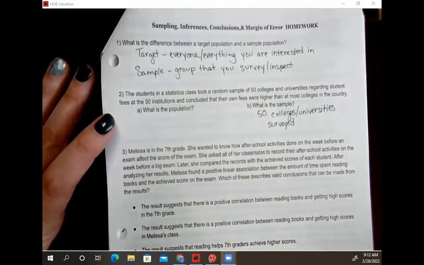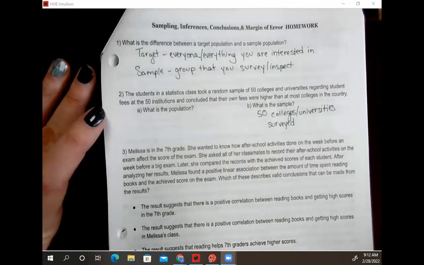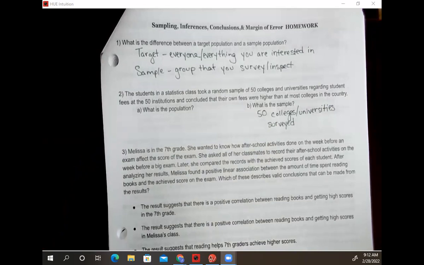Who do you think might be the target population then? We surveyed 50 colleges and universities. What do you think would be the broader group that I'm trying to get information about? I'm not surveying the students though. All the colleges and universities, right?